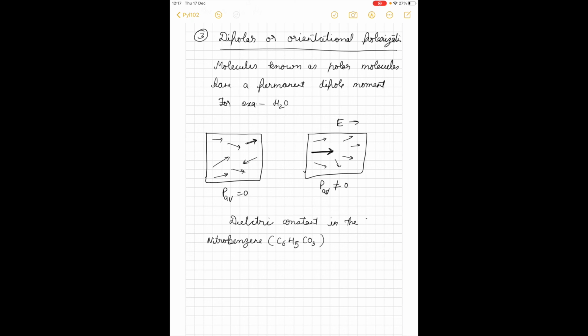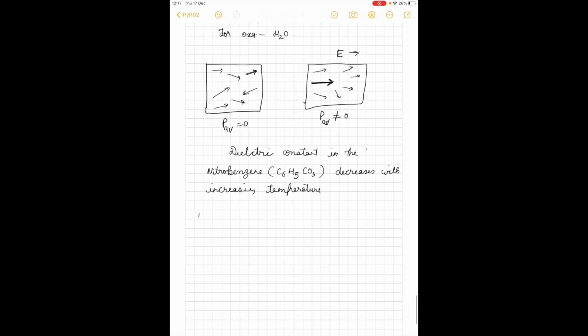So the dielectric constant, if we increase the temperature, it decreases. It decreases with increasing temperature. Okay, so there are other materials also, hydrogen sulfide and so on, but I'm not going into that.